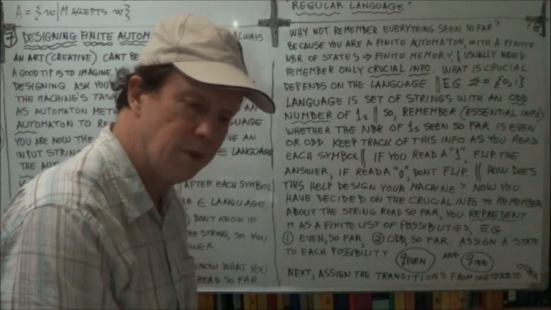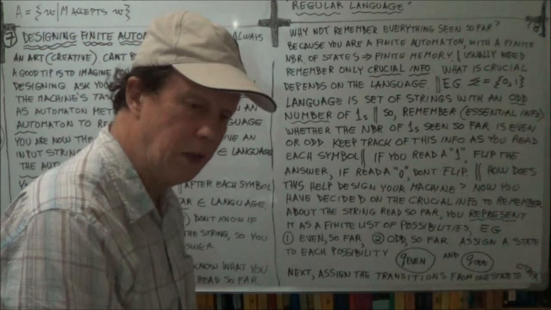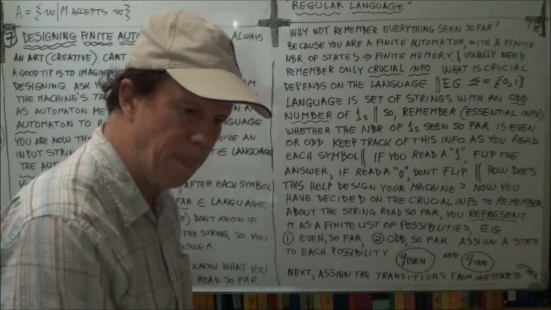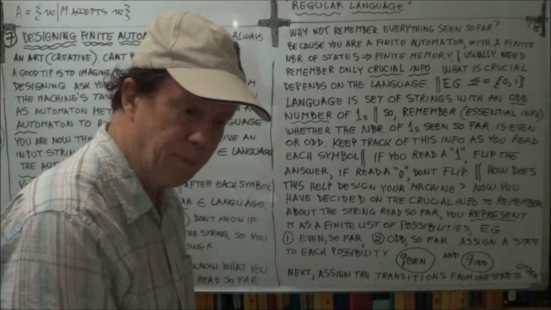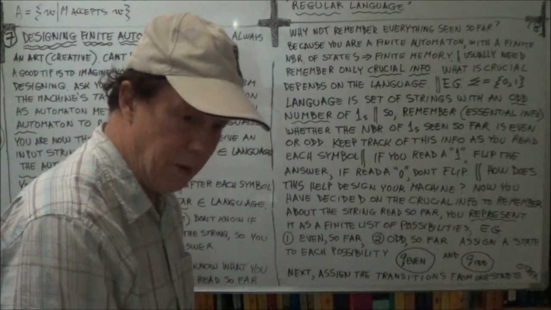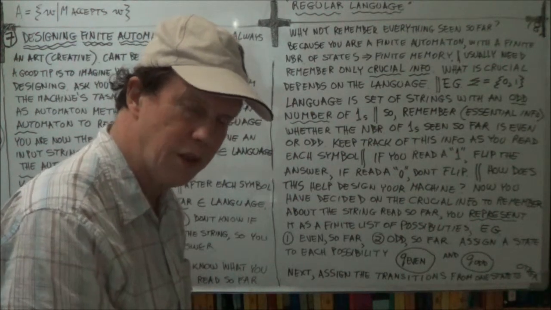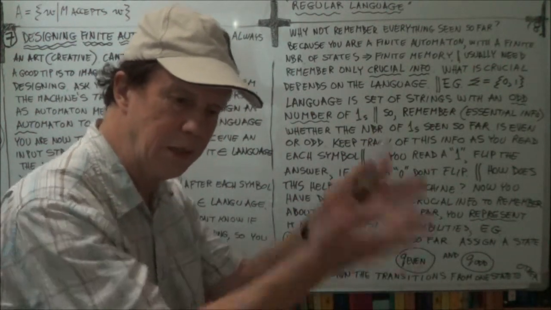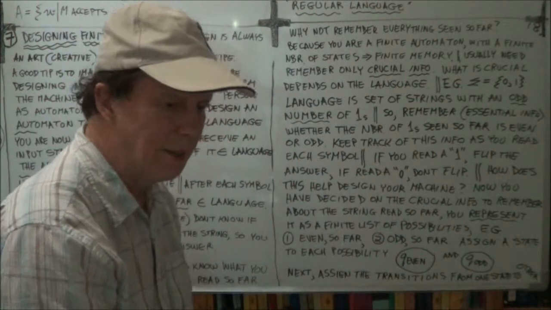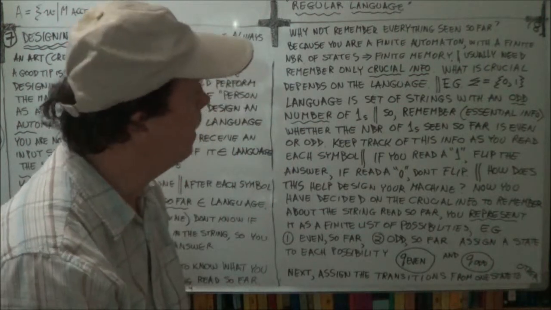If you're memorizing huge amounts of data, you're going to need a large number of states, and so the number of possible input strings just exponentially blows up. So, not very practical.